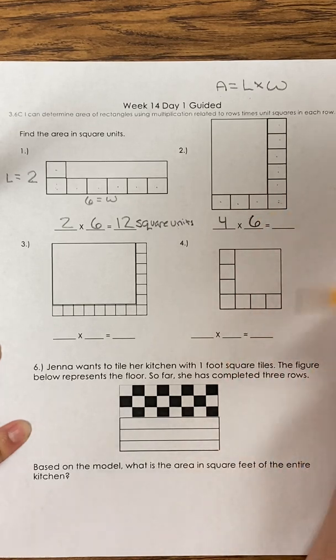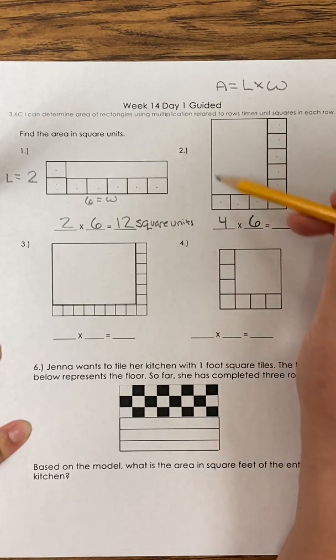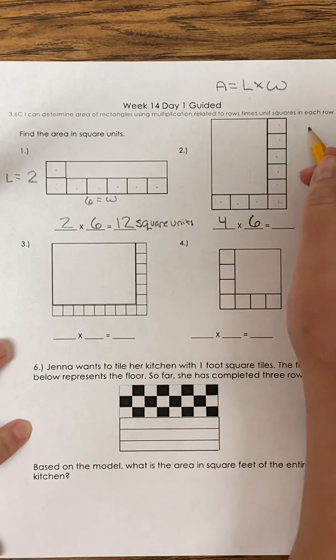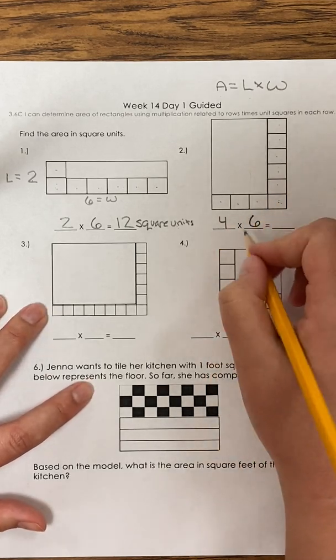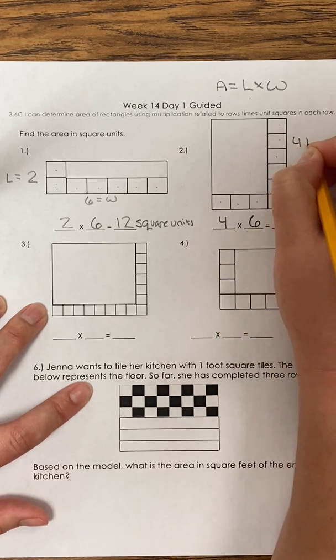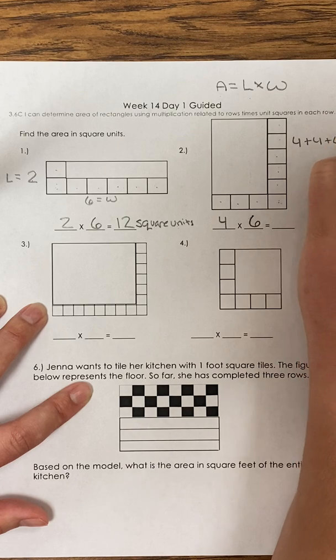Now, if we were to add all these squares up together, or as you should already do, memorizing your multiplication fact families. So if we were to do repeated addition of 4 six times, let's do that. So 4 plus 4 plus 4 plus 4 plus 4 plus 4.